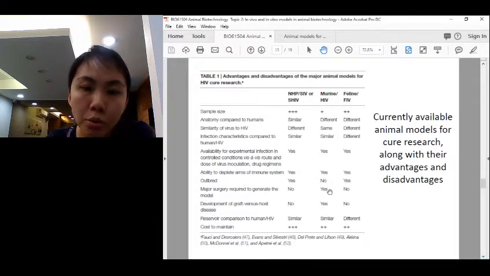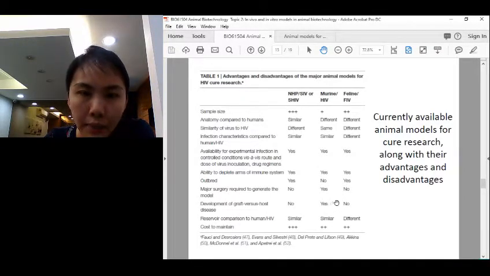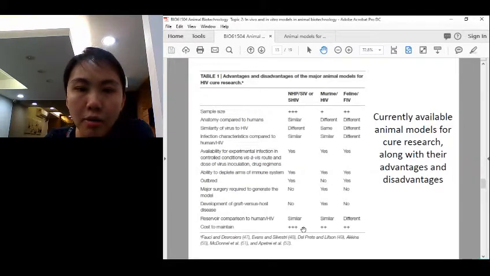So you do require major surgery to generate the model. Development of graft versus host disease: no, and yes for the murine model. Reservoir comparison to human HIV is very similar. Okay, cost to maintain: of course, your non-human primate model is definitely very difficult to obtain and to maintain compared to the other models.